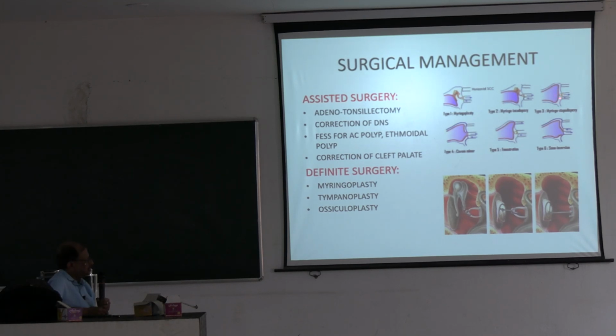Type 3, it is called myringostapediopexy. It is the stapes head. You can see, and graft is placed over the head of the stapes. This is called myringostapediopexy. Type 4: graft is placed over the footplate of the stapes. Type 5 is fenestration operation.